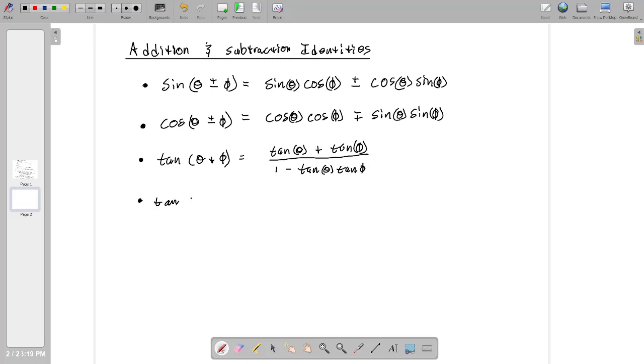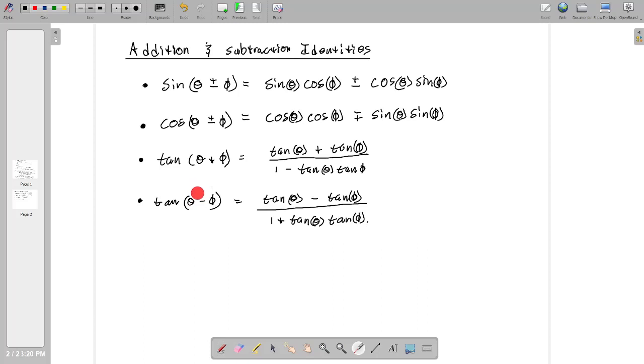And then tangent of theta minus phi is equal to tangent of the first angle theta minus tangent of the second angle phi divided by 1 plus tangent of the first angle theta, tangent of the second angle phi.